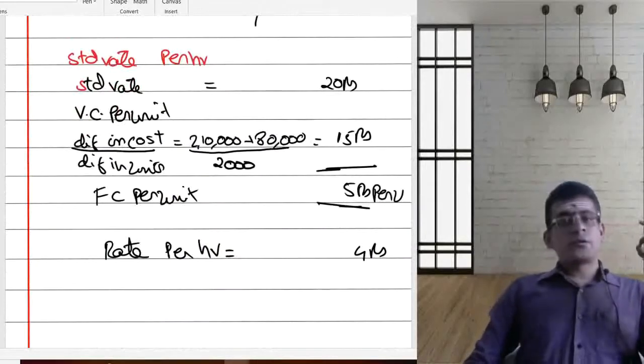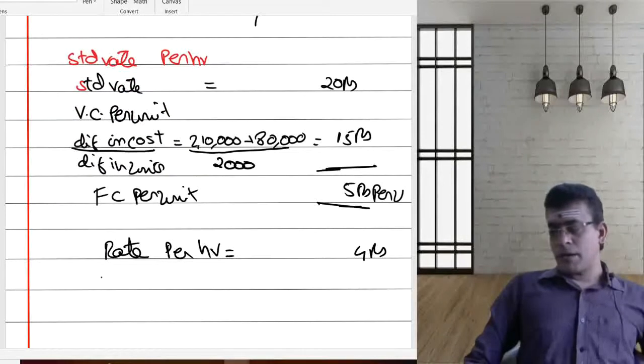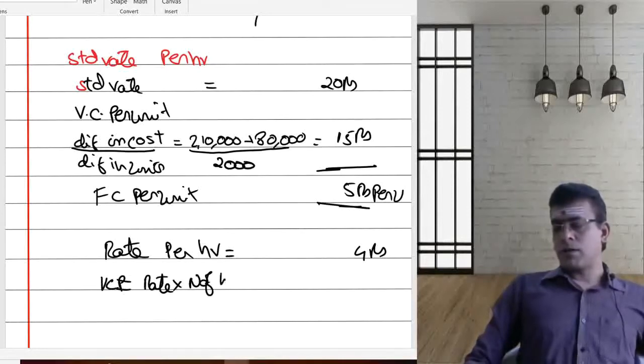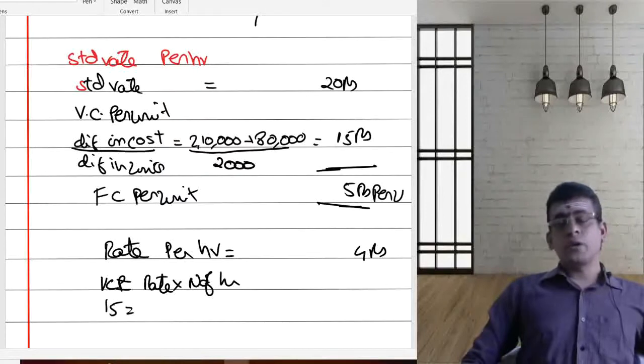Now, 15 rupees is for the product. Which means my variable cost is equal to rate into number of hours. So 15 rupees is equal to rate into number of hours.